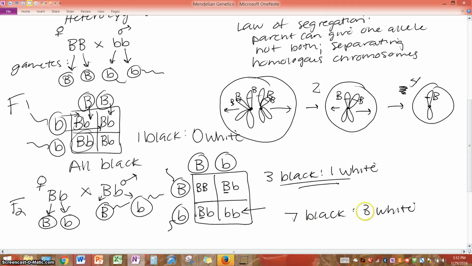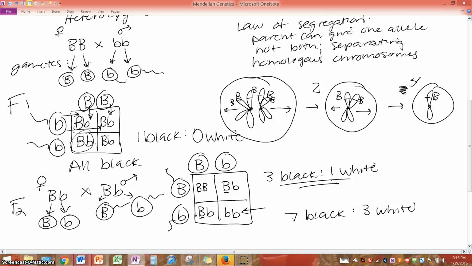Okay, this is pretty close to a 3-to-1 ratio. It's not perfect. It's never going to be perfect, but it's going to be pretty close to a 3-to-1 ratio. So that way you can infer, if you see this ratio, that the parents were probably heterozygous. Sometimes you have to work backwards, not only forwards.